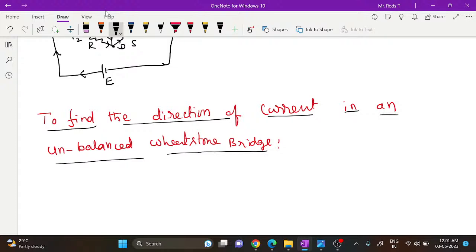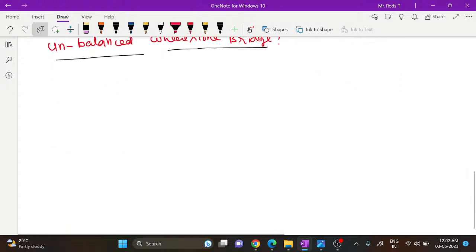The Wheatstone bridge is said to be balanced if P by Q equals R by S. It is unbalanced if P by Q is not equal to R by S. In such a case, what you have to understand is that you deal with a few other things by comparing with the balanced Wheatstone bridge case.